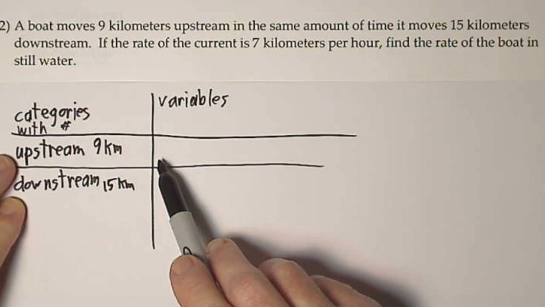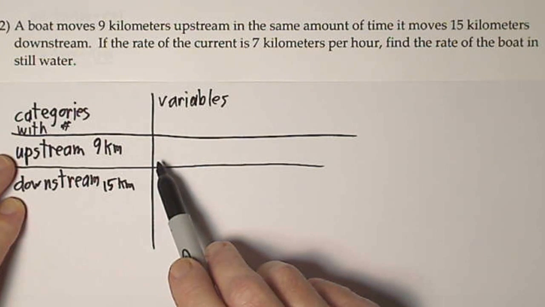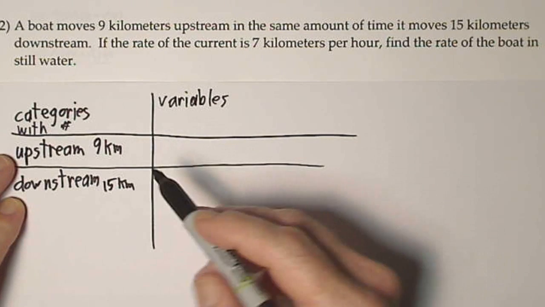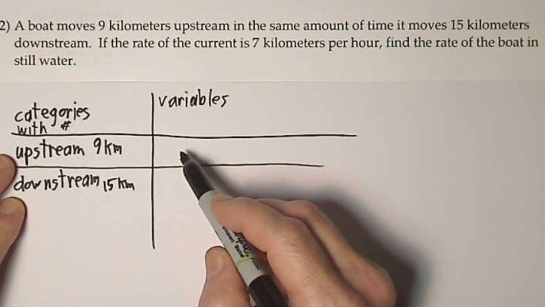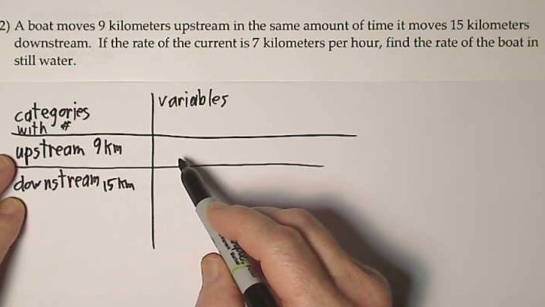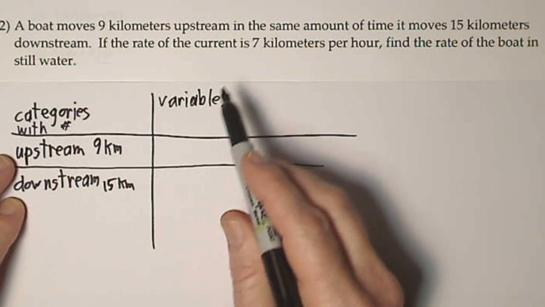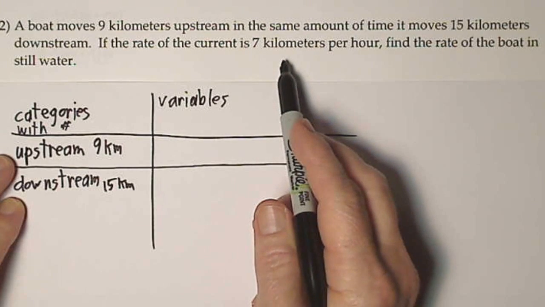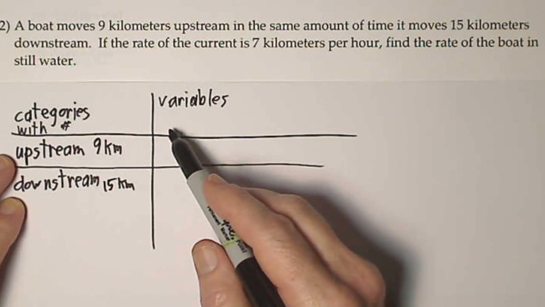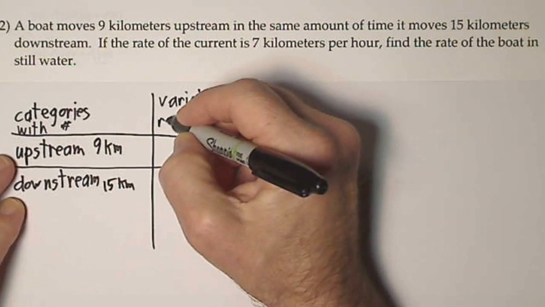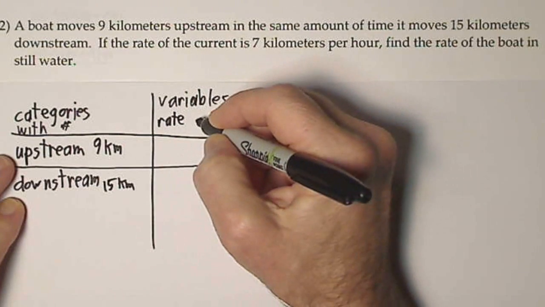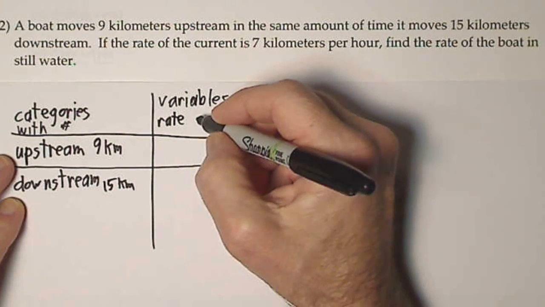So going upstream, this isn't the rate of the, let me see, the current is a constant 7, so this will be the rate of the boat. You know, you're thinking of the speed of the boat.